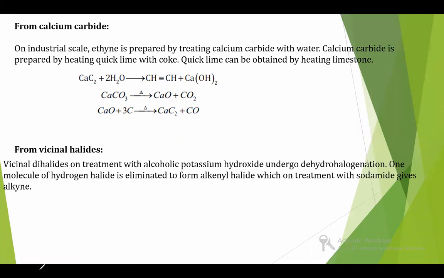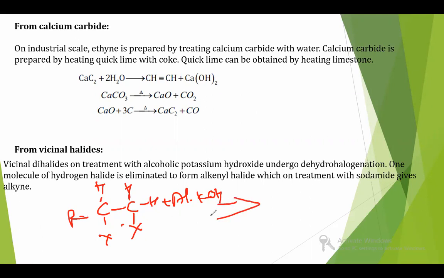So what will it be? Vicinal dihalide has adjacent carbons each bearing a halogen, X, the rest hydrogen, and a substituent group R. This is treated with alcoholic KOH, so hydrogen and halide get eliminated. Dehydrohalogenation, with the removal of HX, forms an RCH double bond.